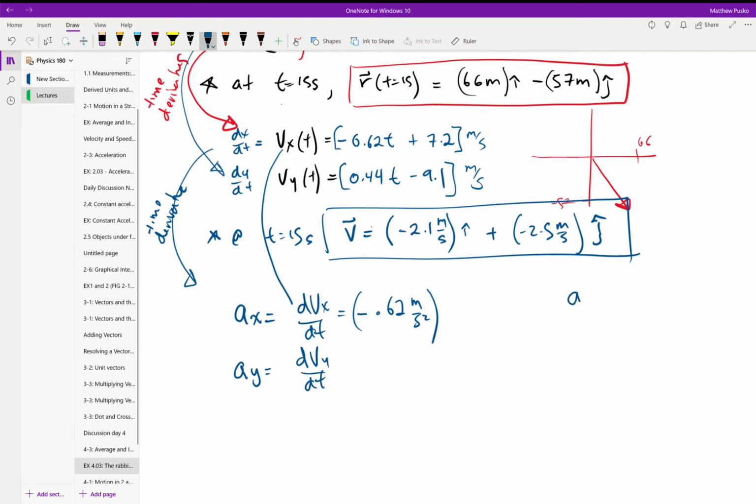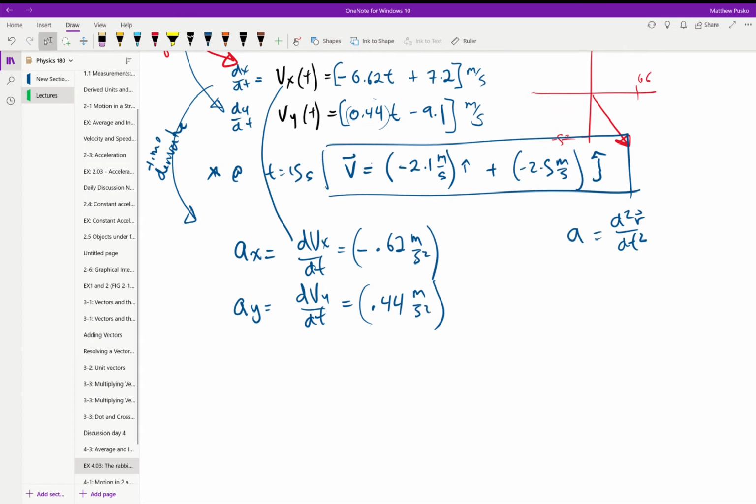And don't forget, the acceleration is also equal to the second derivative of position with respect to time. So you can't take two in a row. I don't know a trick to take two without doing them sequentially. So if you do, please let me know. But by taking the derivative of this one, we get just the 0.44 right there.